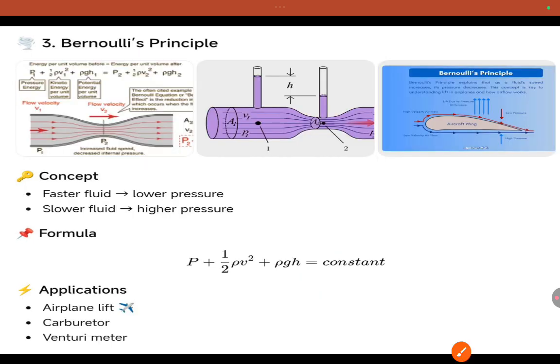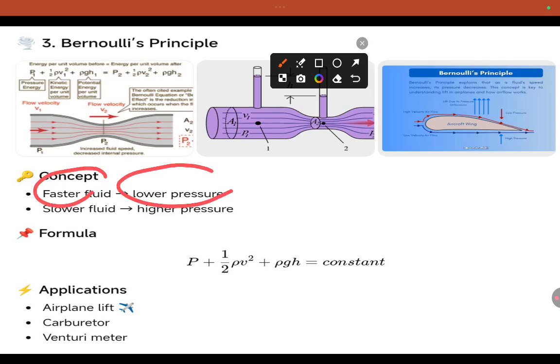Next one is Bernoulli. What is Bernoulli? I'm talking about the principle related to the chapter. Bernoulli is nothing but: the faster the fluid, the lower the pressure; the slower the fluid, the higher the pressure.